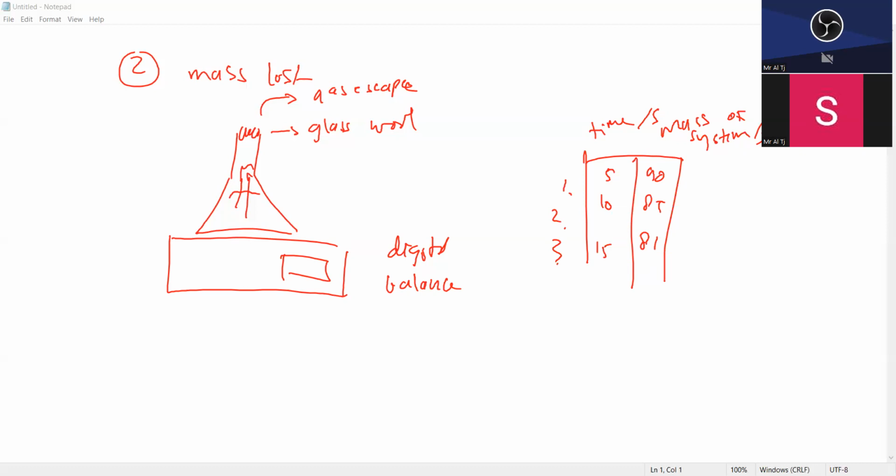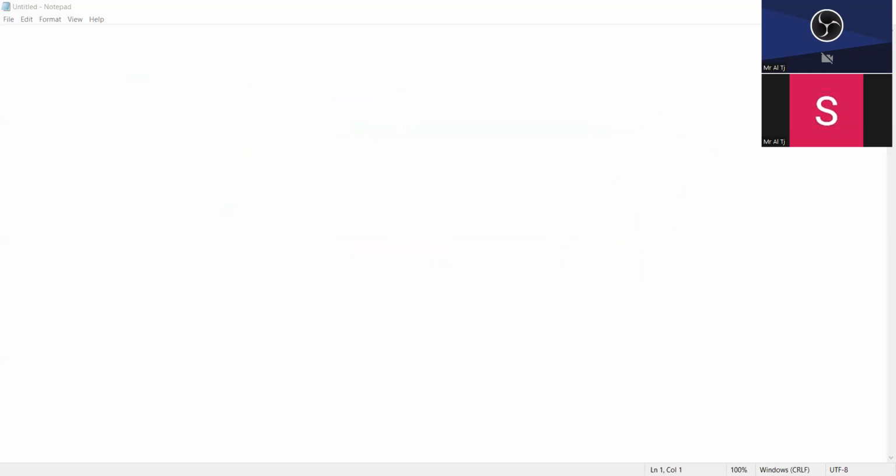Now, let's see some details. First of all, it is important for us to know how the reaction starts. Generally, if you have two reactants, let's say two liquids or a solid and a liquid, you need to know exactly when the reaction starts.